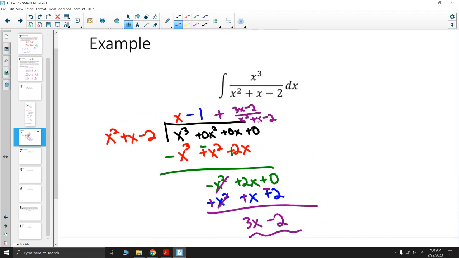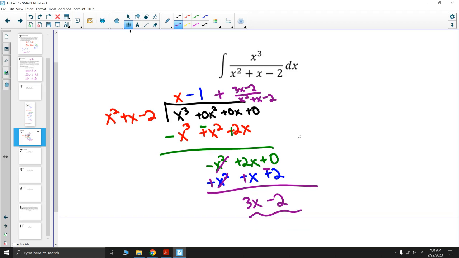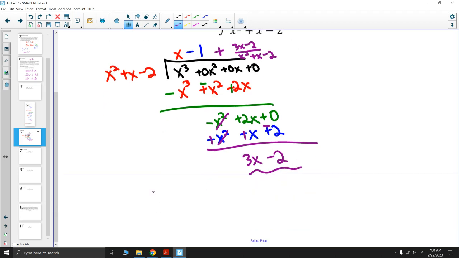Okay, so notice something. When we have a quadratic on the bottom, we'll never have a quadratic on top after that. The top needs to be linear or maybe a constant. Anyway, we are now integrating x minus 1 plus 3x minus 2 over x squared plus x minus 2.